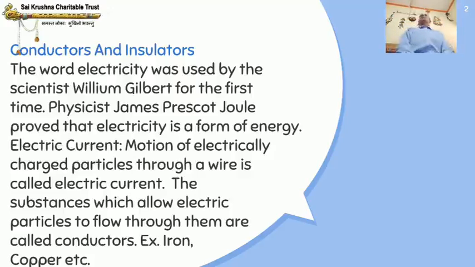So, in metals like copper and iron, electricity flows through them, right? Electricity flows through copper, electricity flows through iron, and there are many more such metals through which electricity flows, right? So, these are conductors.